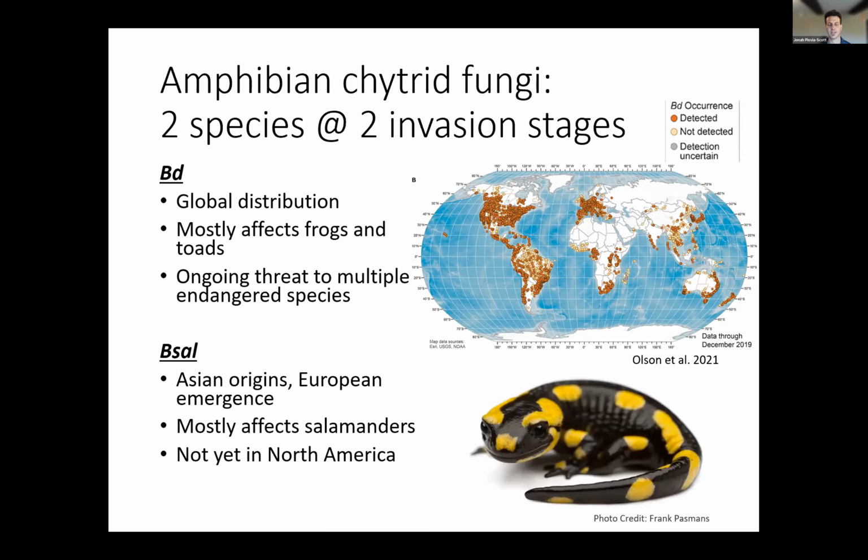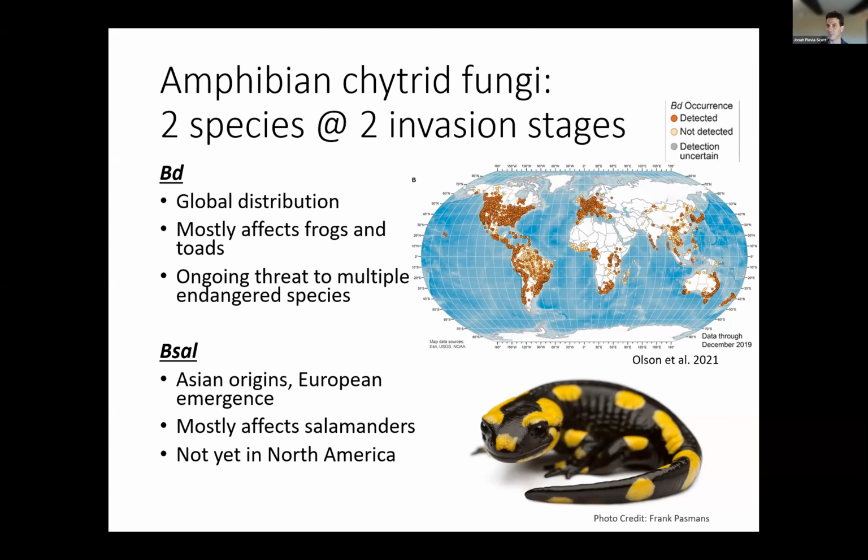In contrast, B-Sal has emerged more recently, appears to have origins in East Asia, and it actually wasn't described as a species until 2013, when it was found that it was causing these pretty catastrophic population declines in fire salamanders, which you can see in the picture here, in Northern Europe.